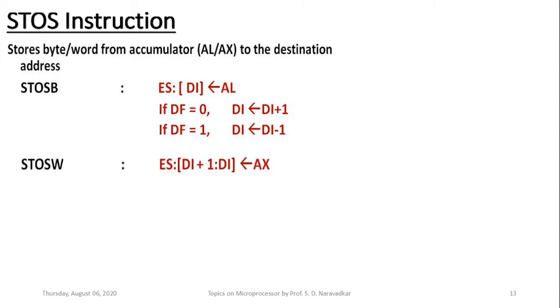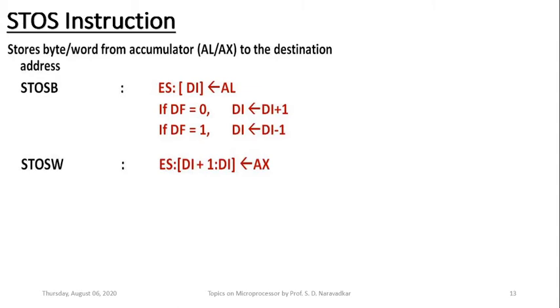Then the next variation will be a word variation, STOSW, store string word, where the word from the accumulator AX, the 16-bit accumulator, will be stored to two offset locations here, that is DI and DI plus 1, both from the extra segment. 16 bits of data from accumulator AX to be stored.